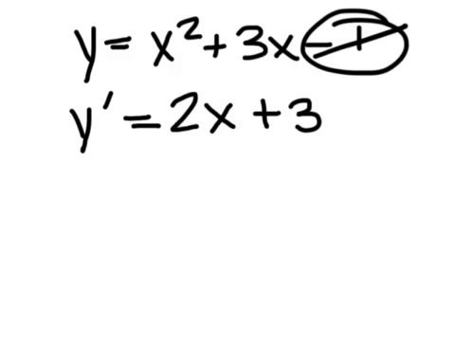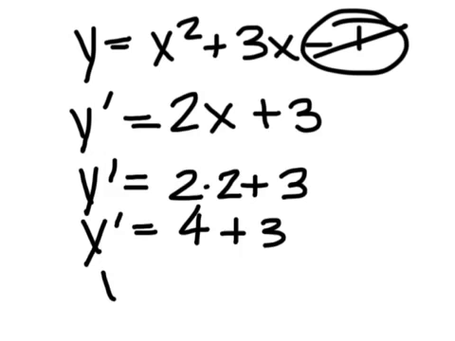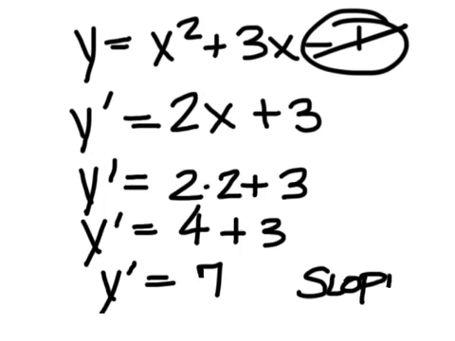And remember, it was x equals 2. So if we do that, we have 2 times 2 plus 3. That's 4 plus 3, which will be 7. What you have just found now is the slope of the tangent line.